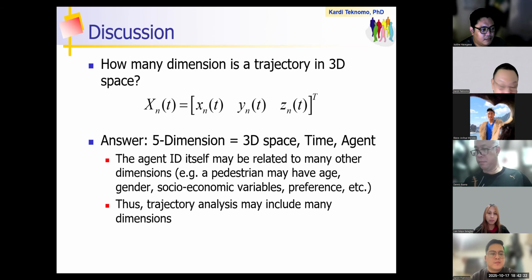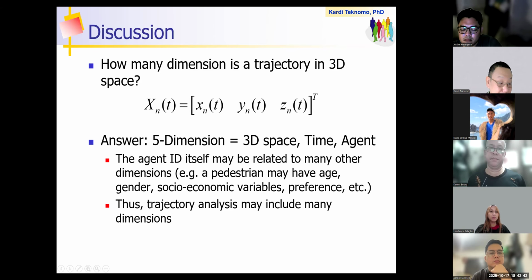Once you have that, it depends on what data you have. Can you see that? So trajectory analysis may include so many dimensions beyond what you see, because once you put it into an ID, that ID will be related to any others. That's why we are using trajectory, very rich.